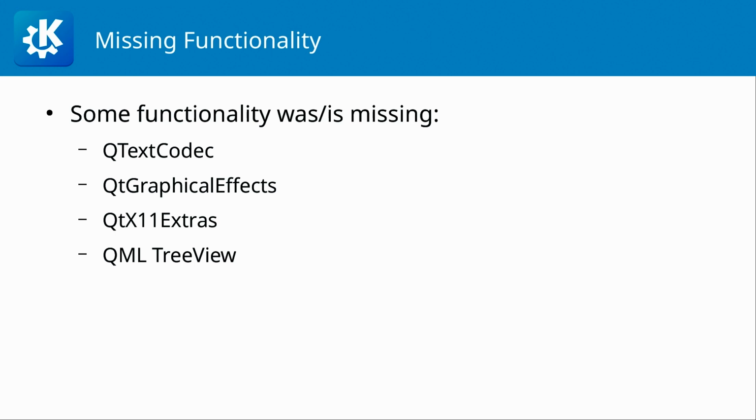Another troublesome area was the deprecation or semi-removal of the Qt Graphical Effects module, which again is still available in the compat library, but it meant we had to adjust our code to actually make use of that. A similar story with Qt X11 Extras or platform extras in general.